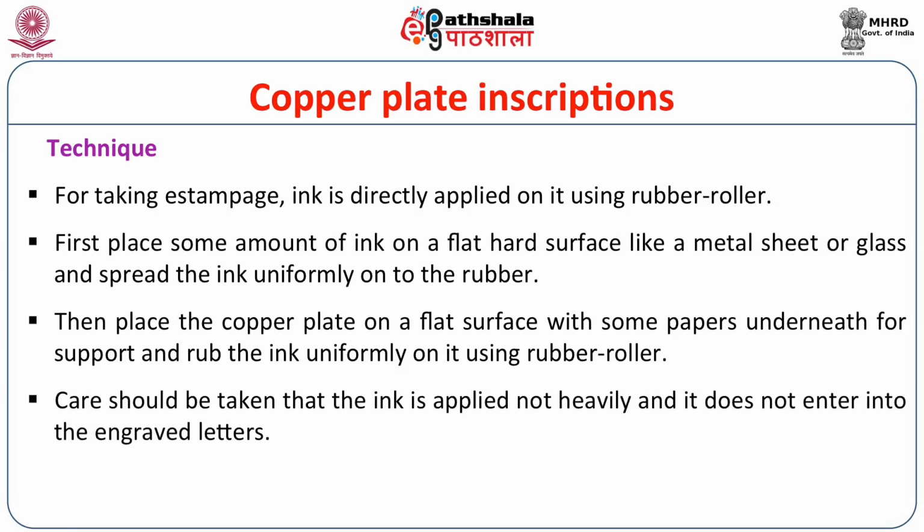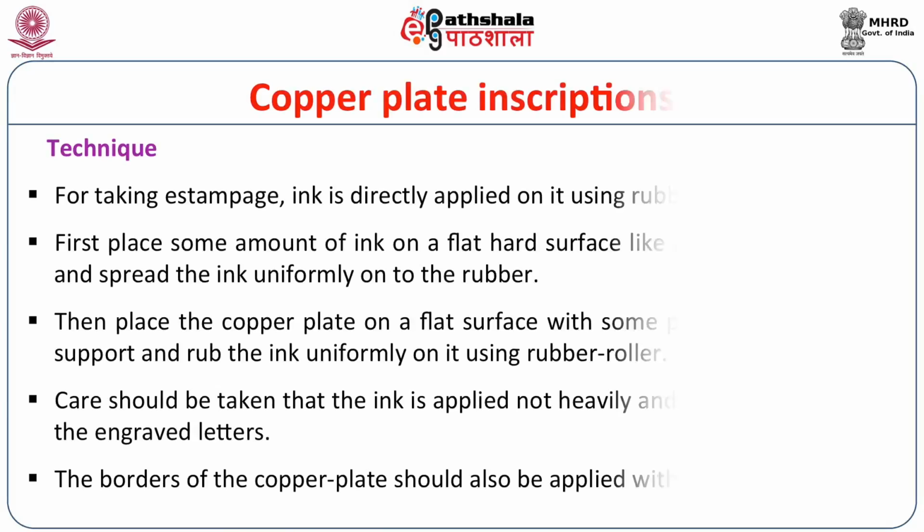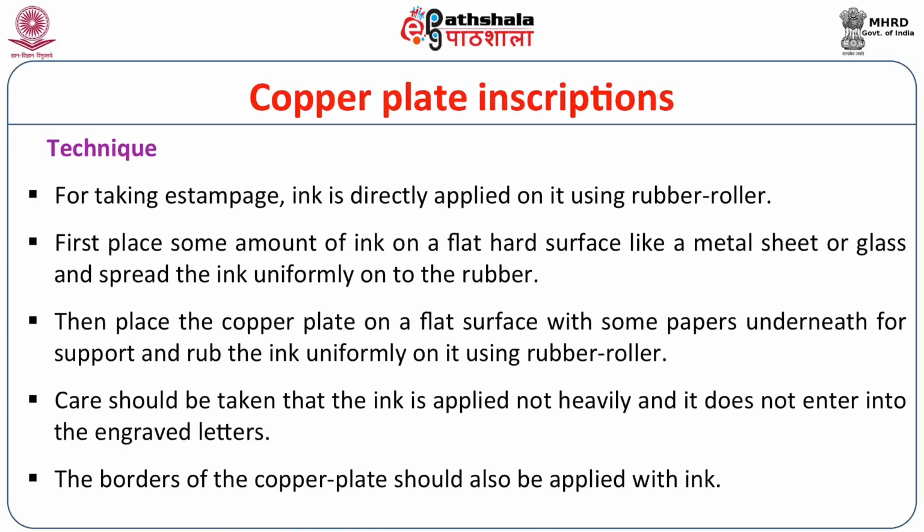While using the rubber roller, care should be taken that the ink is not applied heavily and does not enter the engraved letters, to avoid overlapping and bulky ink. The borders of the copper plate should be applied with ink to get the borders as well.